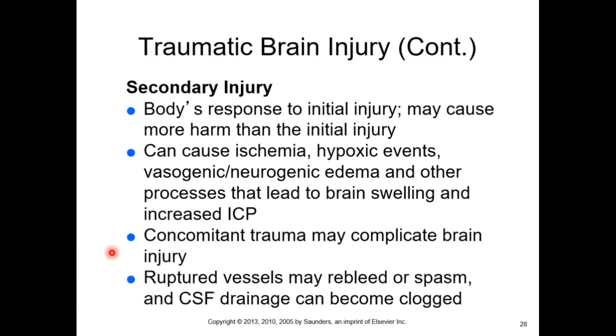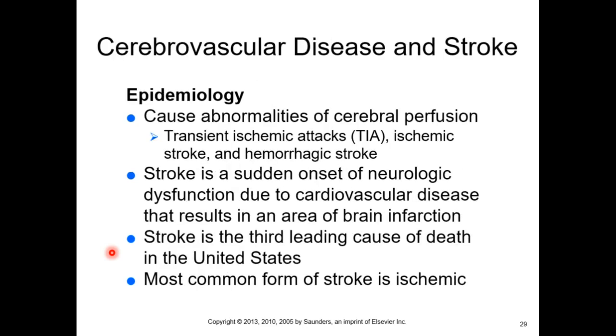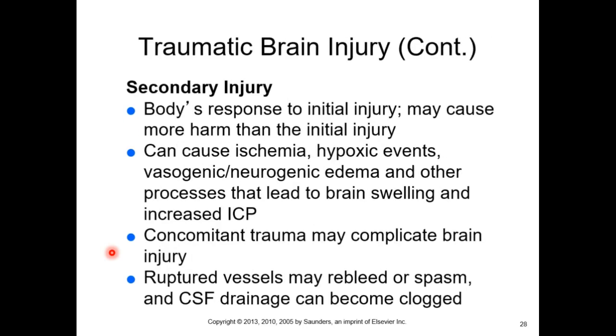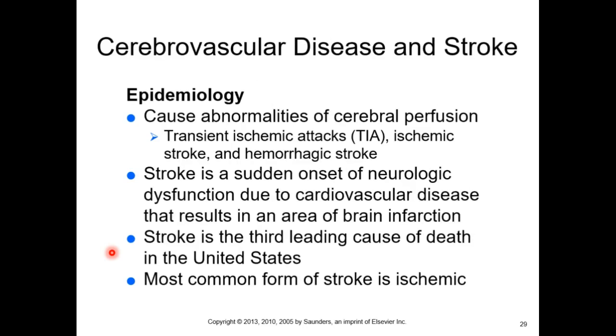As you know from the heart, we can go into spasm and cut off blood flow to the heart, we can go into spasm and cut off blood flow to the brain. And we worry about that cascade. We worry about reintroduction of oxygen. We worry about introduction of immune cells. It's going to, in some ways, cause more damage than just hitting your head.